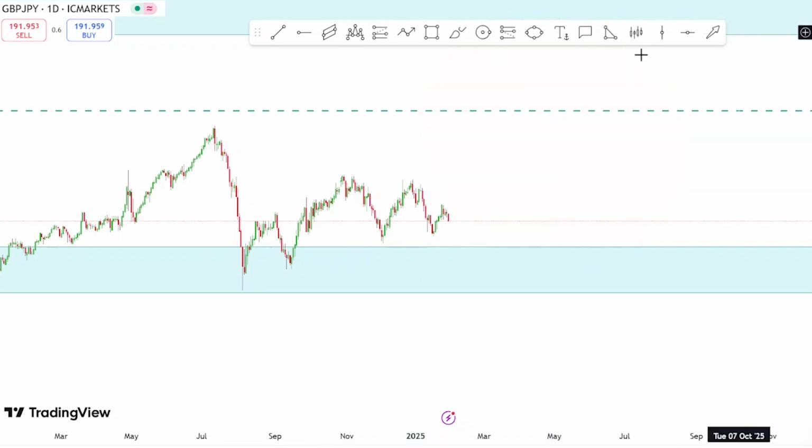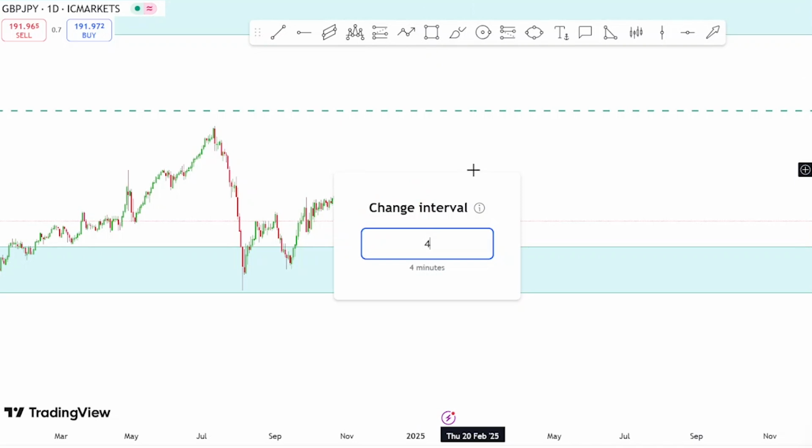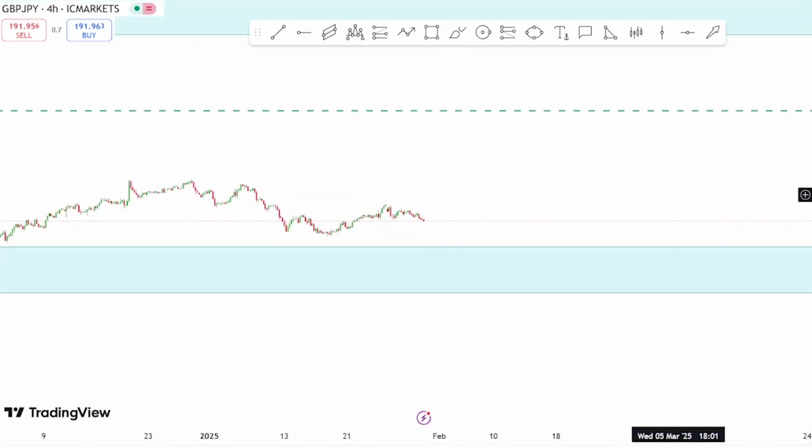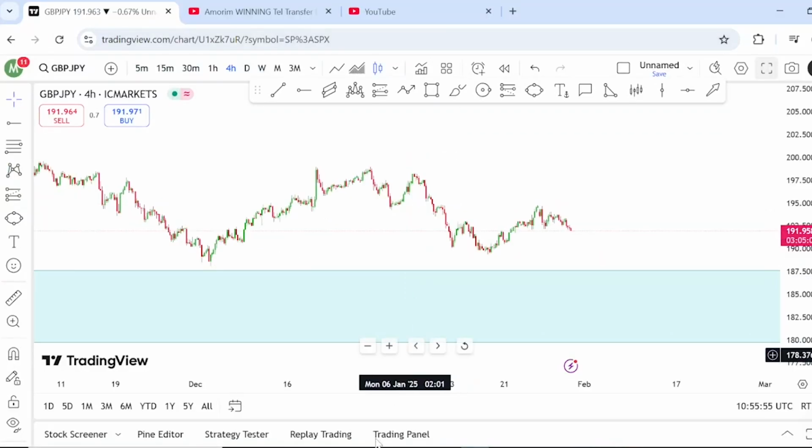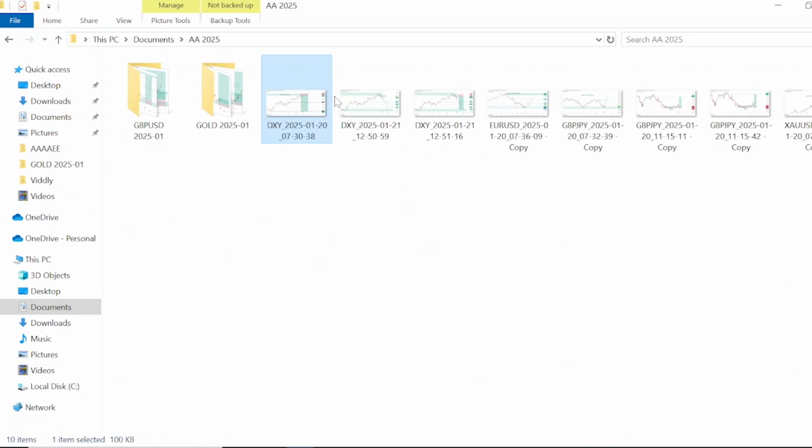So now let's move to the lower time frame from the start of this year. We've been buying GJ also. Let's check the H4 time frame. We are moving up from this area. Before I move on, there is something I wanted to show you.